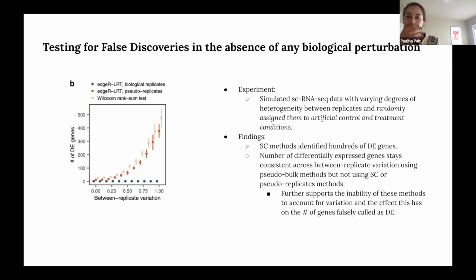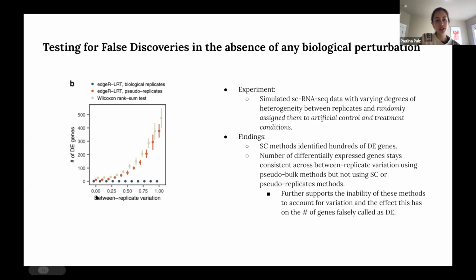To do this, they simulated single-cell RNA-seq data, and this is what I mentioned in the beginning, where they varied degrees of heterogeneity between replicates, and then they randomly assigned them to artificial control and treatment conditions. This is, I think, one of the most surprising parts of the paper, because they found that even in the absence of any biological perturbation, single-cell methods actually identified hundreds of differentially expressed genes.